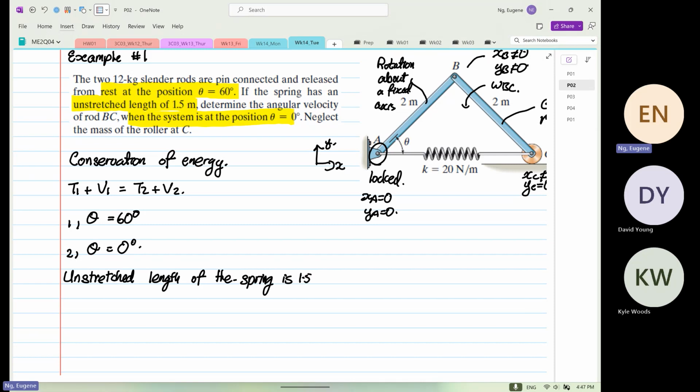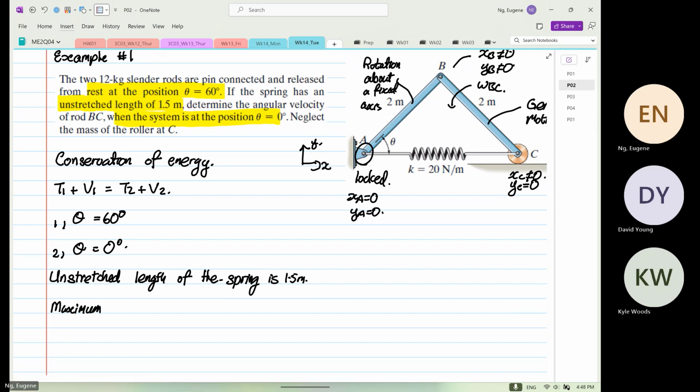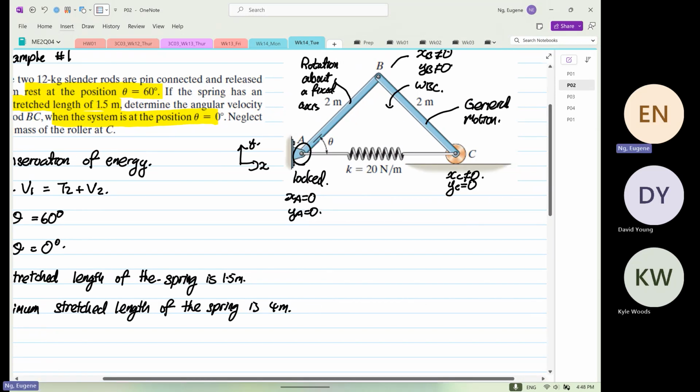And the maximum stretch length of the spring is 4 meters. Why 4 meters?